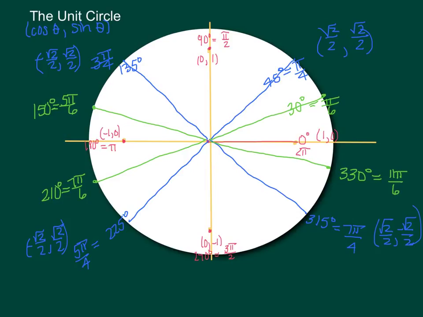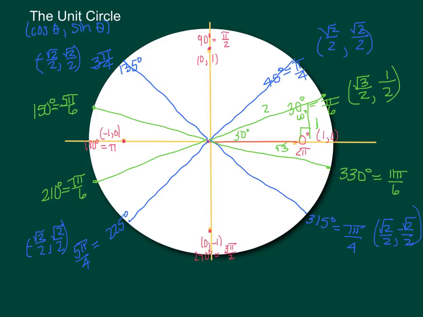Now, this is the 30, 60, 90 triangle. And let me draw it so you can see how it looks. So this will be 1, 2, square root of 3. So if we had to do cosine, it would be adjacent over hypotenuse, and sine would be opposite over hypotenuse.